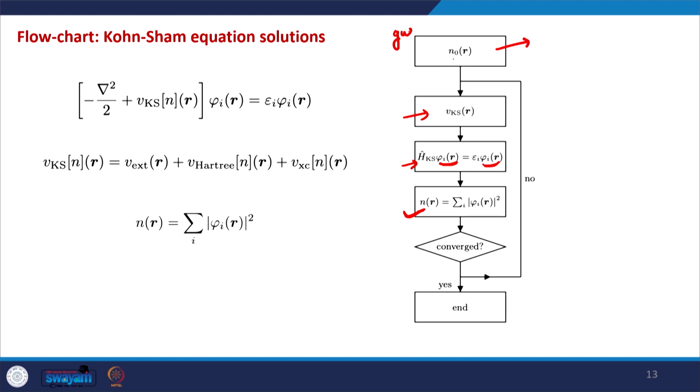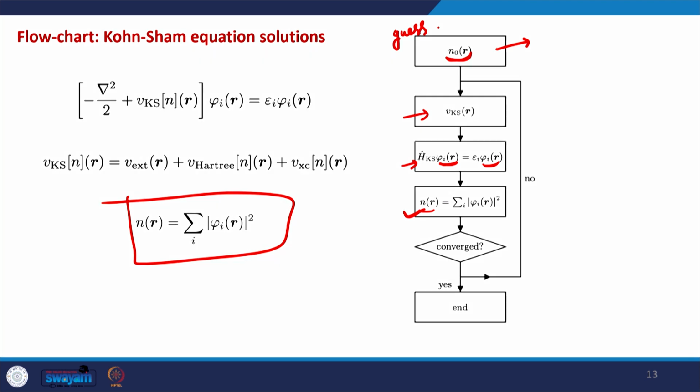This is the first guess. We compare n_0(r) with n(r), and if both of them converge, then we calculate the final density from this equation. This is the final density, the converged value. And from there, we can calculate the ground state energy as well, according to the second HK theorem.